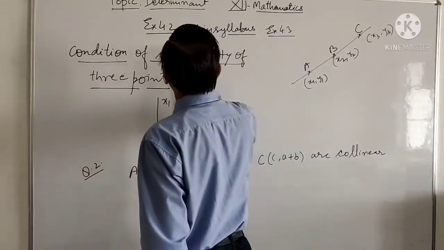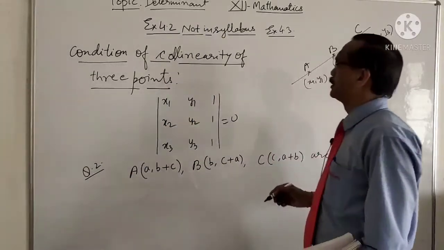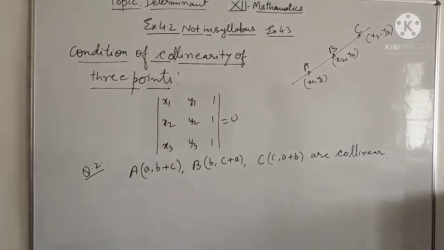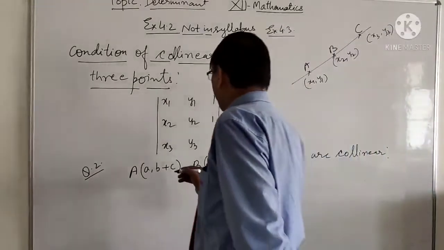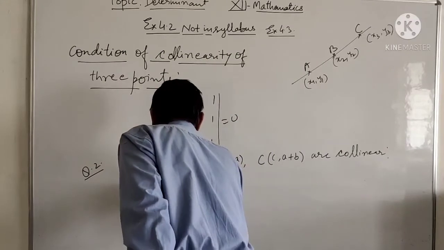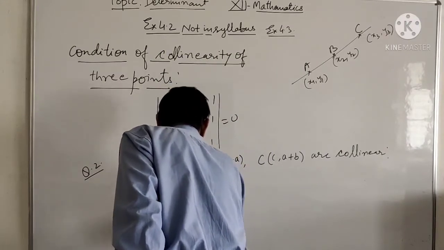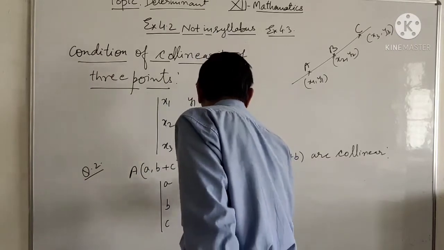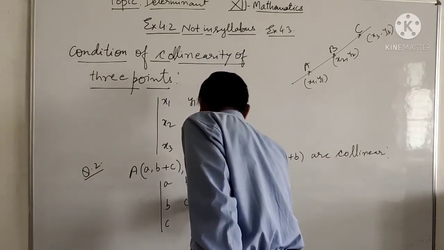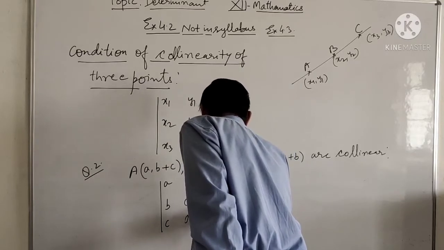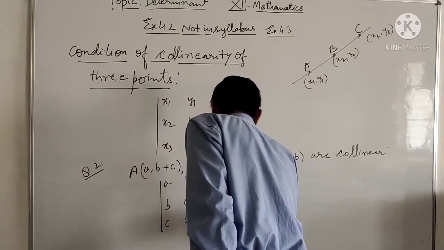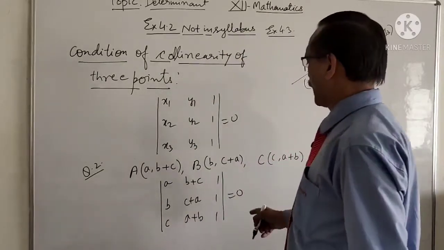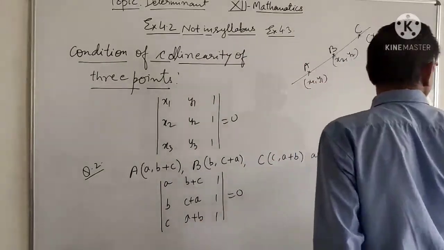There is a collinearity. So for that, this determinant a, b, c, then b plus c, c plus a, a plus b, and 1, 1, 1 should be 0. We will check that the value of this determinant should be 0.